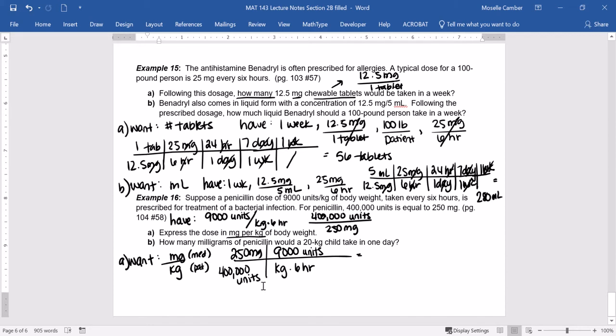Okay, so my units cancel. You might notice that we have this hour here and nothing really to tell us what to do with that. So let's go ahead and just multiply this out, and then I'll tell you how we're going to deal with that. So we have 250 times 9,000 divided by 400,000 and divided by 6.